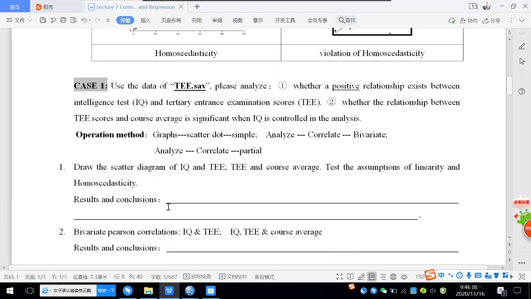From the graph you can see that IQ and TEE have linearity, and the homoscedasticity is also acceptable. Okay, the linearity and the homoscedasticity are accepted. That's the conclusion.